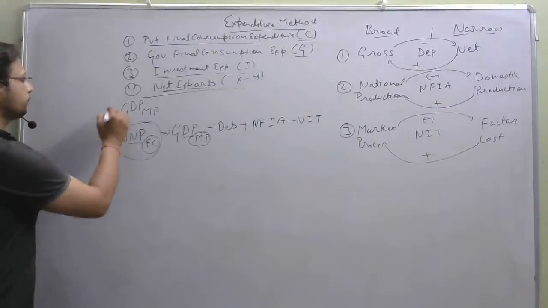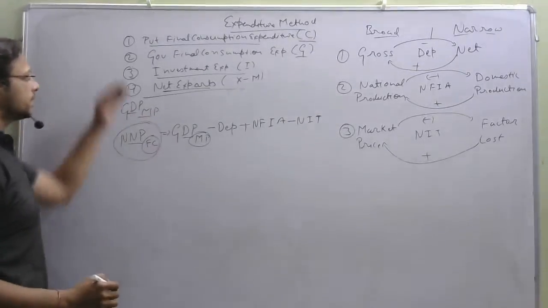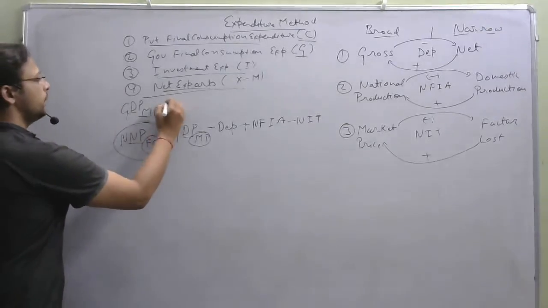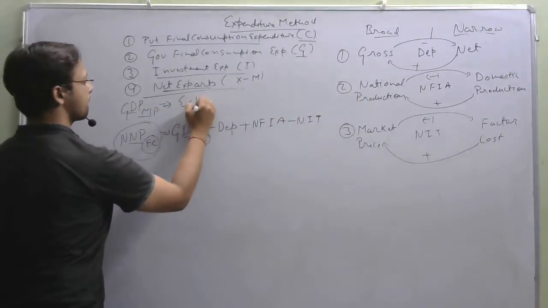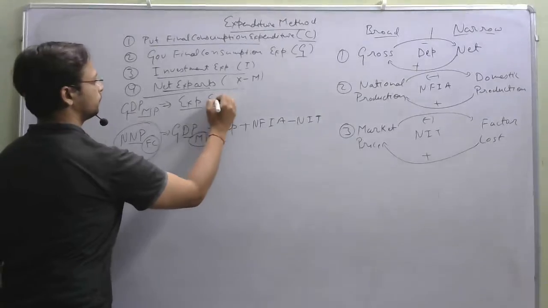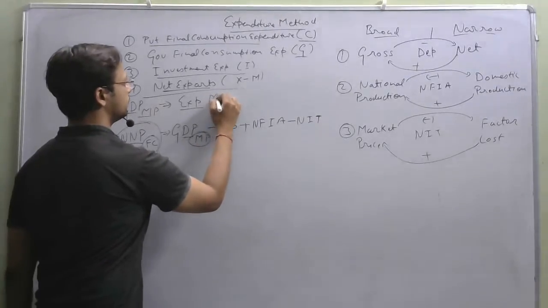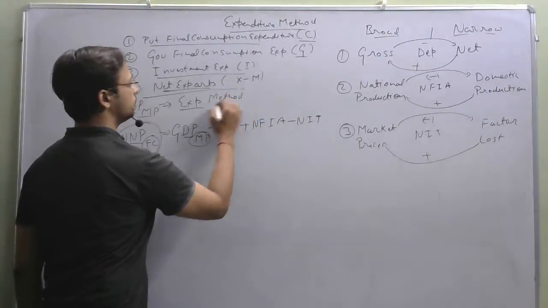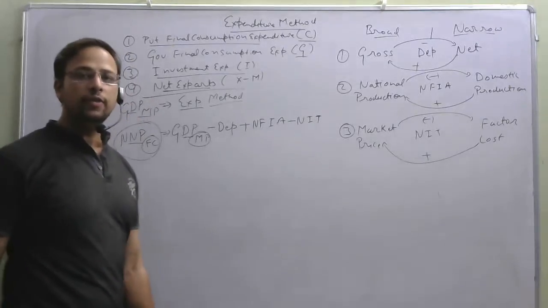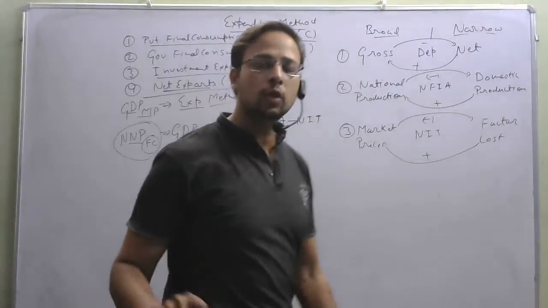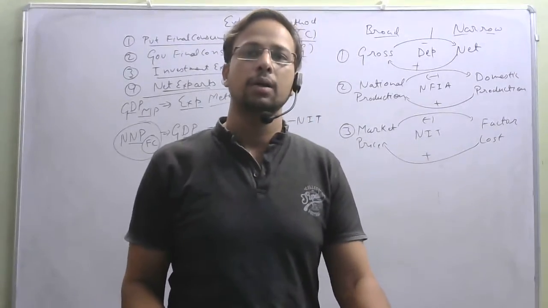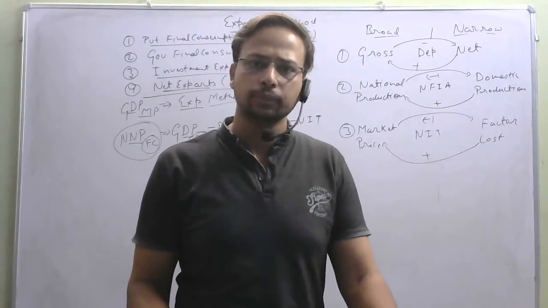It is GDP at MP, and this is how we do it in the expenditure method. We also calculate national income from the product method and from the income method.